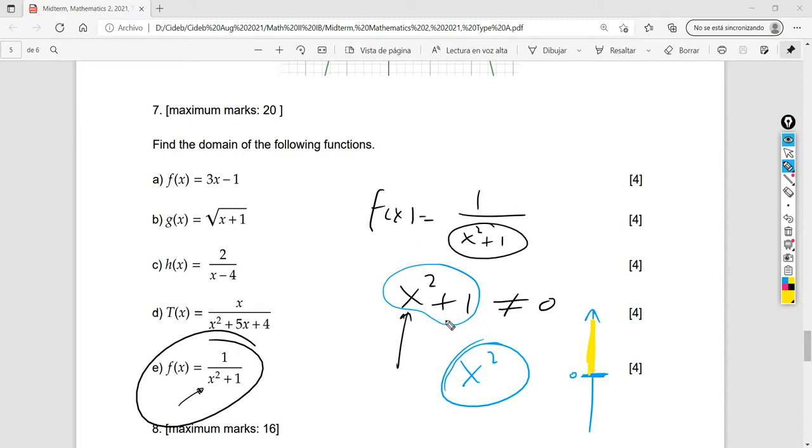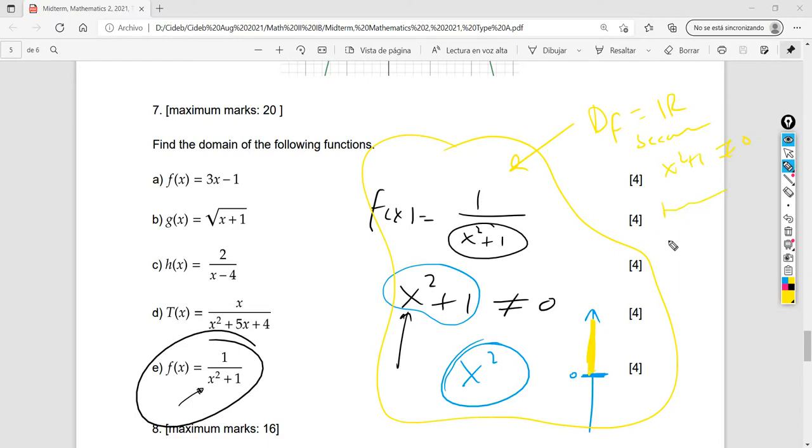And therefore, that's it. That's the only argument that you need to produce. If you want to rewind the video and pay attention to the words that I say, any argument similar to the one I gave you, like, well, the domain of this thing is going to be all the real numbers because x squared plus 1 cannot be equal to 0 because x squared blah blah blah, then it's fine.